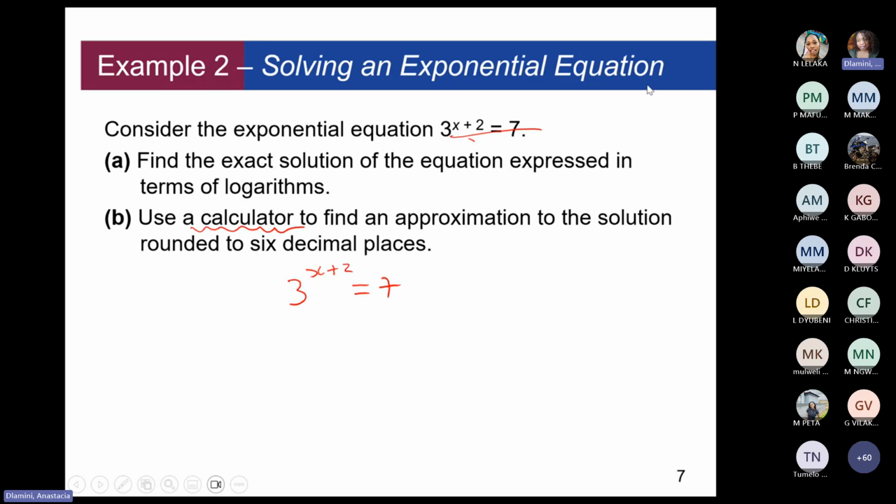Ln. Those who are saying ln, fight for your answer. Guys, those who are saying ln, we can't use both. I have an issue with both parts.